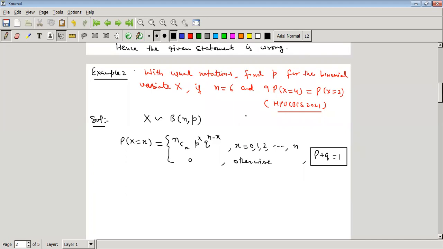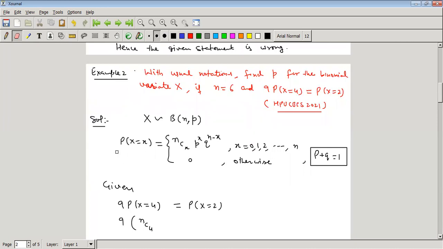So given that 9 times probability of x equal to 4 is equal to probability of x equal to 2, it means 9 times nC4, here n is equal to 6.